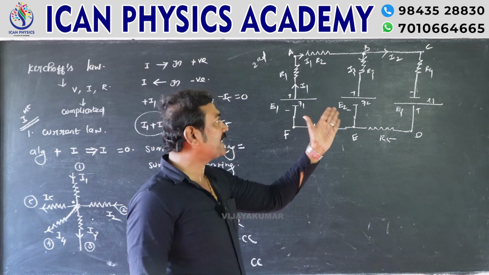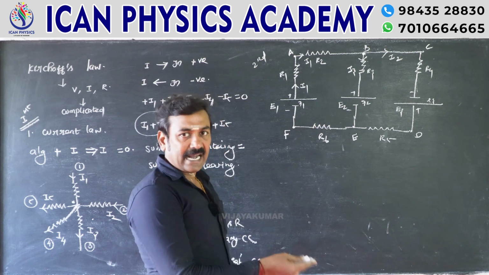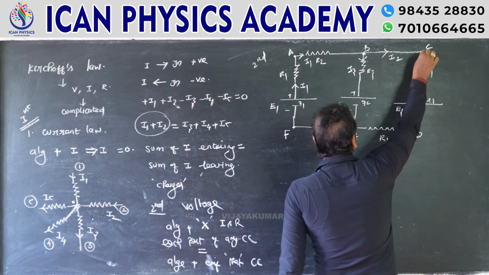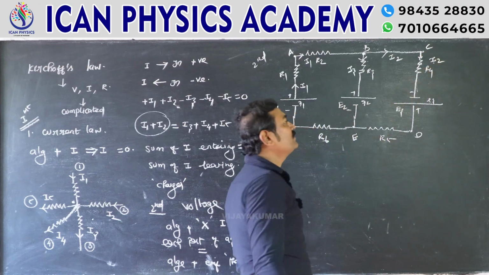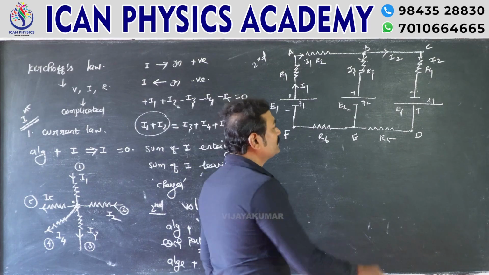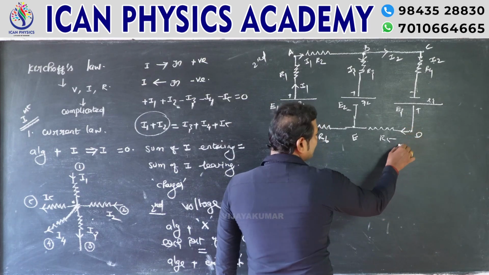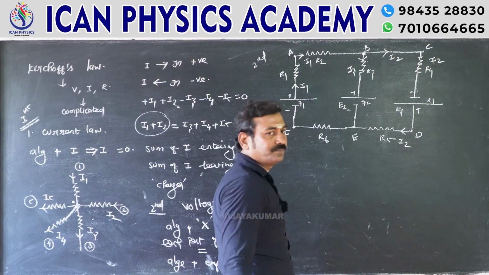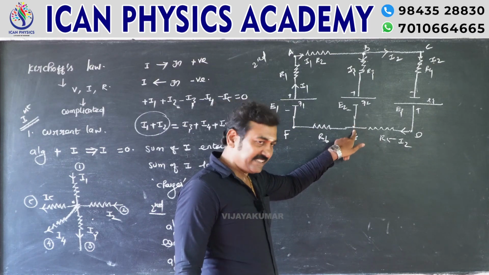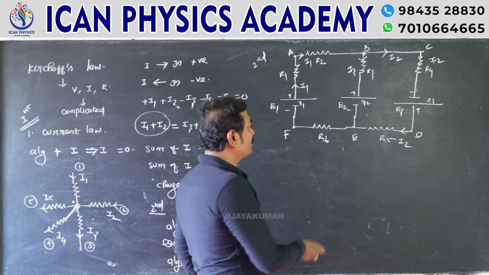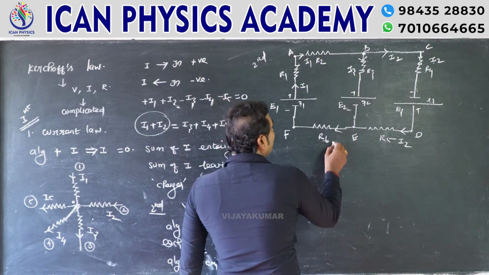So I2 is the current that comes to the junction C and it just turns. So the same I2 is the current flowing through R4 and it comes to the junction D. It just turns. So I2. And it comes to the junction E. At the junction E, it splits into two. So already I have given the name I3.